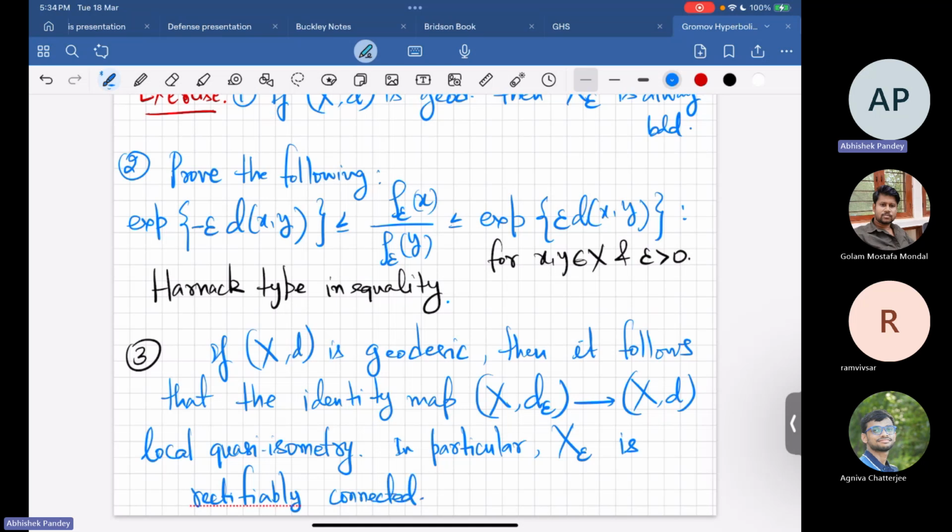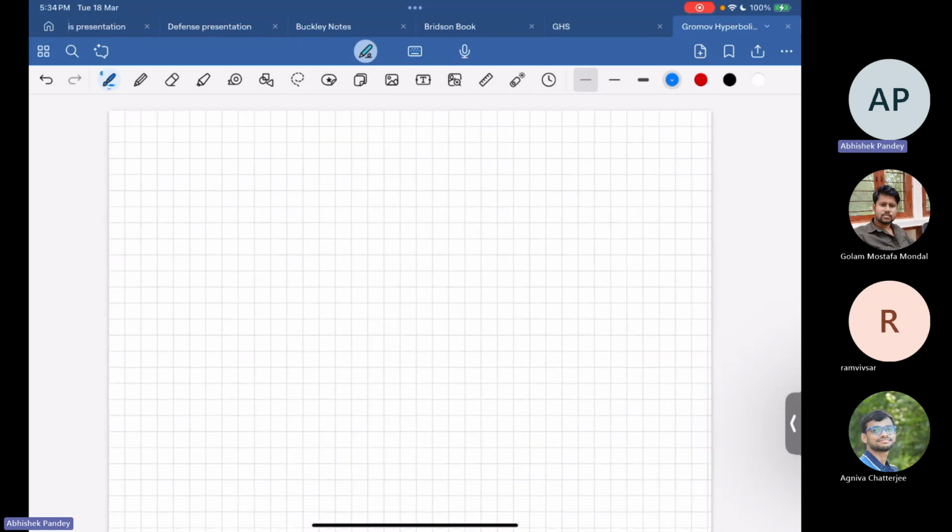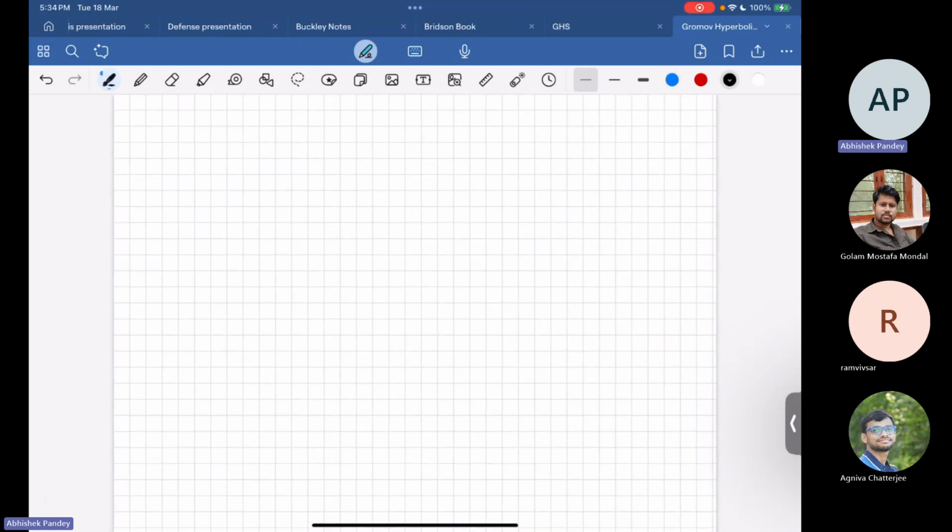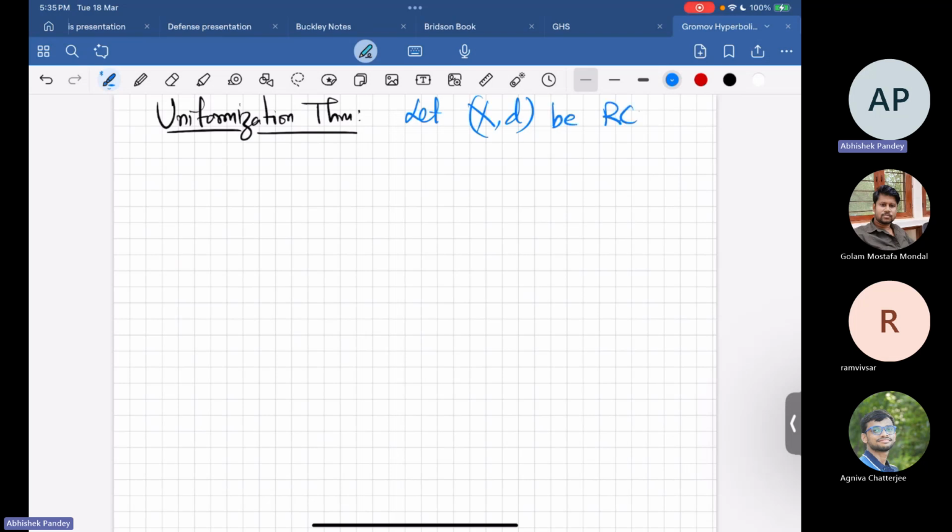Okay, now we'll mention the uniformization theorem. This says: let (X, d) be a rectifiably connected metric space.